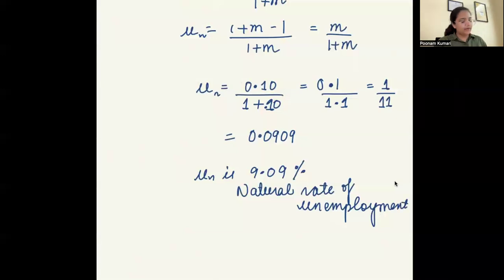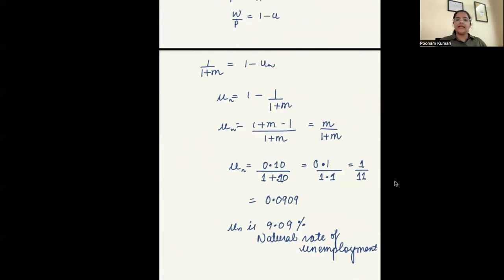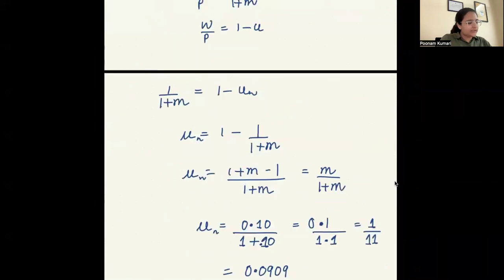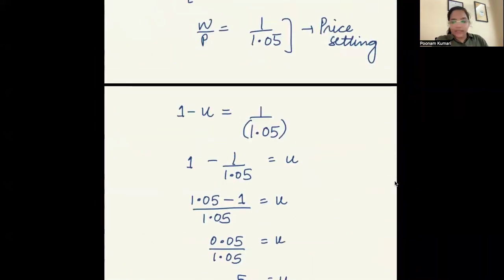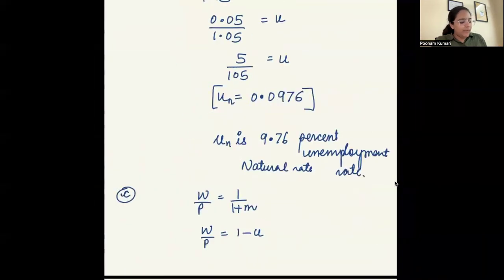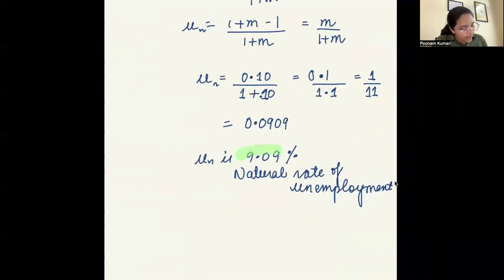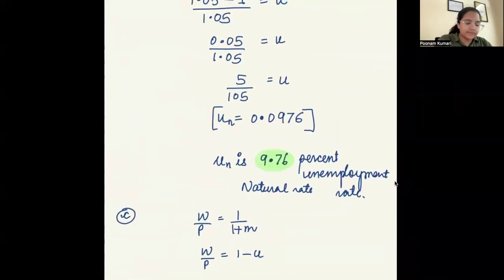So guys, is this calculation clear with everyone? So now see, earlier when my markup was 5%, my unemployment rate was 9.76. When my markup was 10%, my natural rate of unemployment is 9.09%, right? So what happened to the unemployment rate?